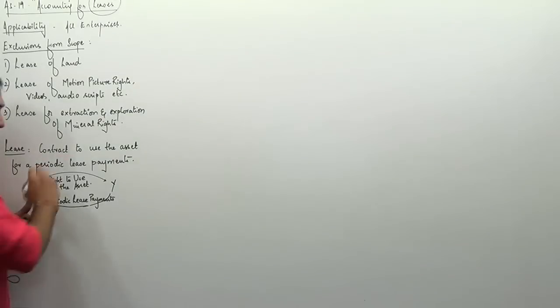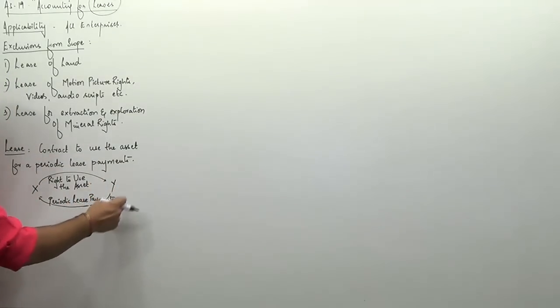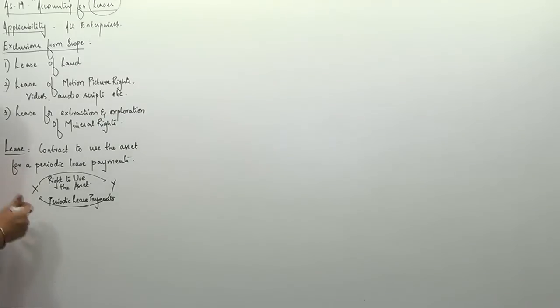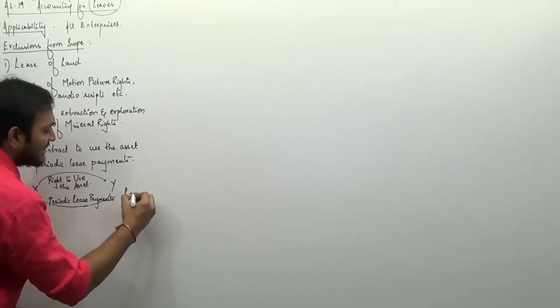So basically X is transferring a right to use his asset to Y, and Y will give him a consideration, some periodic lease payments. Here I'll call X as a lessor and Y as a lessee.